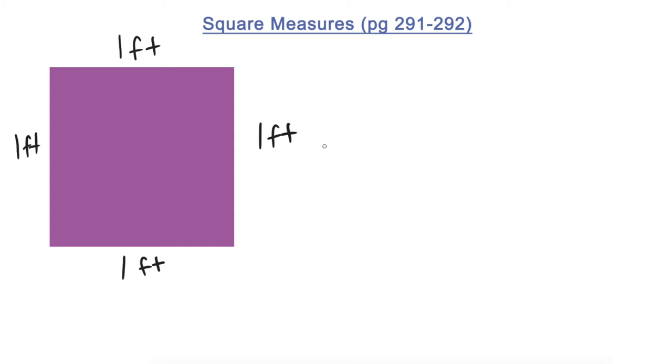Okay, my question to you is, what if I want to change from feet to inches? Well, we know that 1 foot equals how many inches? 12 inches, correct? I keep forgetting my periods after my abbreviations. All right, so how would I change it into 12?